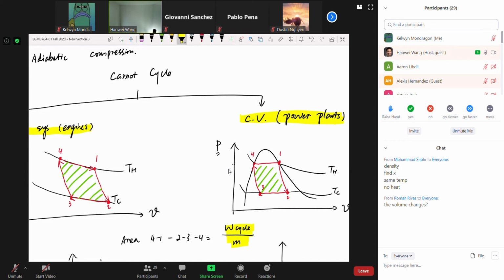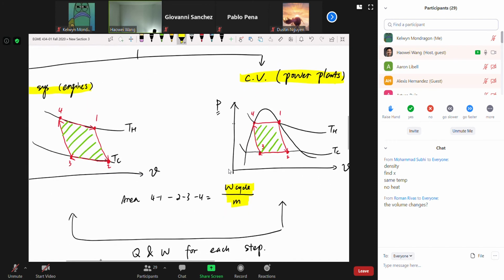So if you see a different cycle with a bigger enclosure area, is that a good thing or bad thing? Just looking at the enclosure area, the bigger it is, the better it is, because the bigger the enclosure is, the bigger W cycle is, and W cycle is what we want. Any questions at this moment?